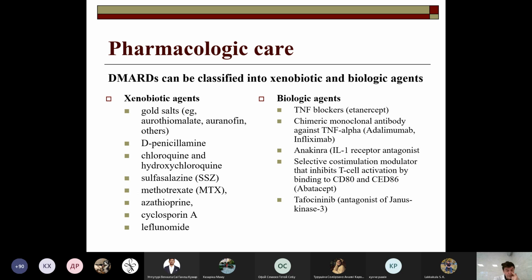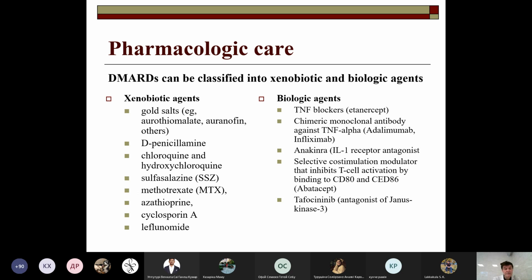So properly you can use the double combination methotrexate plus tofacitinib, and please add non-steroid anti-inflammatory drugs and other components of the treatment mentioned above. You have 6 weeks to reach full control of the disease. Otherwise, please modify the treatment scheme, remove one biological agent and add another one.